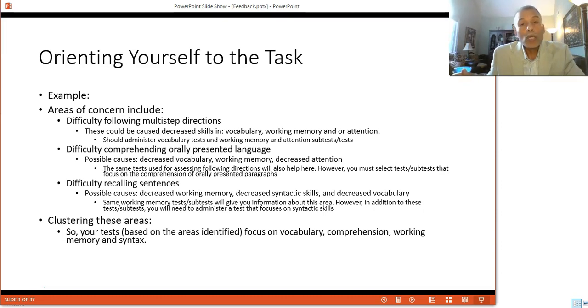And the only way to confirm if that person really has a decreased sentence recall is to test them in their native language and to have someone who speaks their native language ask them these tasks to make sure that the person does not have immediate recall difficulties in that native language.